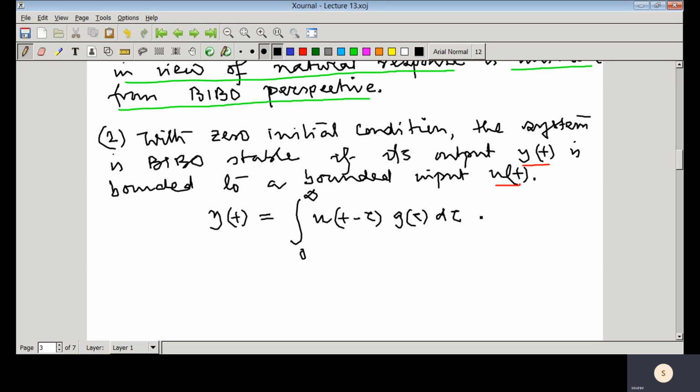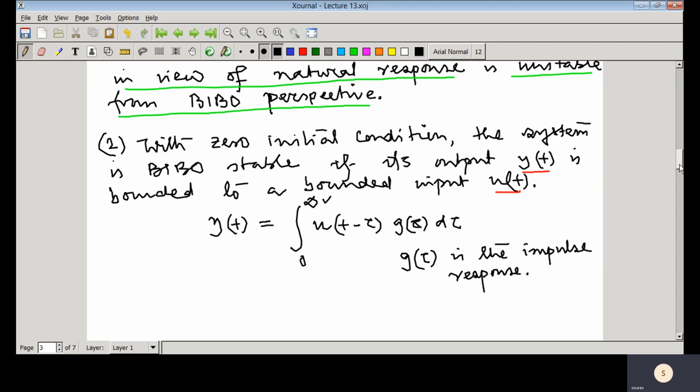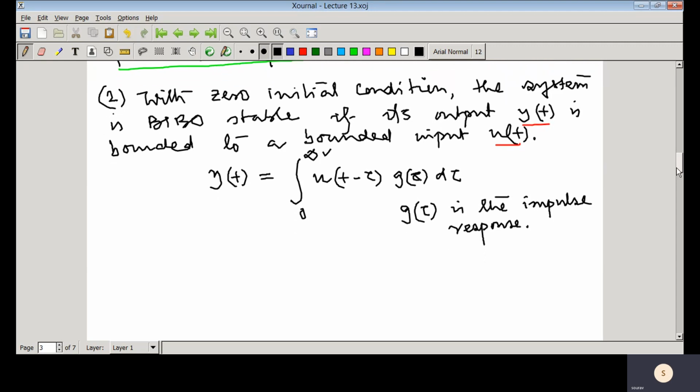This g(tau) is the impulse response. As the systems and signals are causal, 0 to t and 0 to infinity are the same in this case.